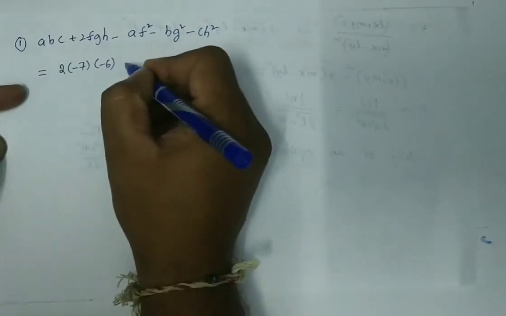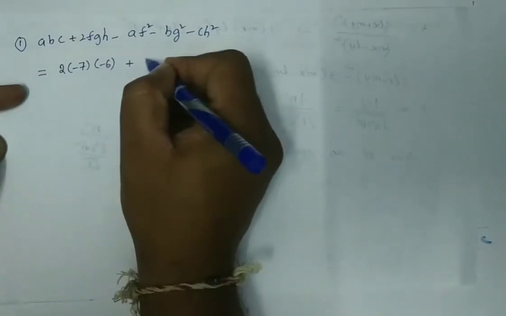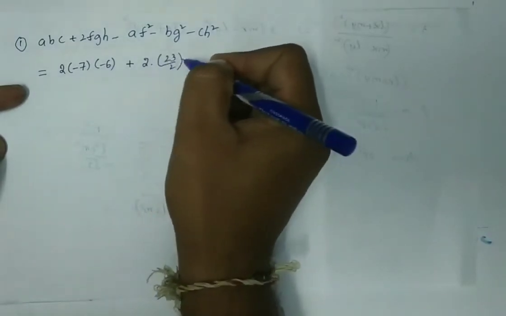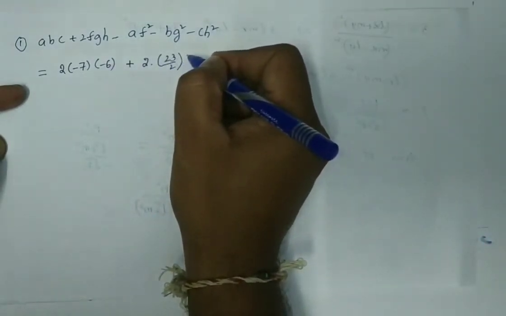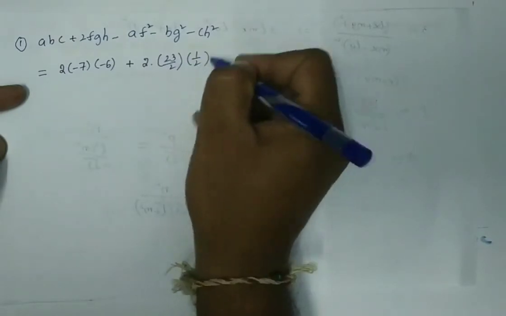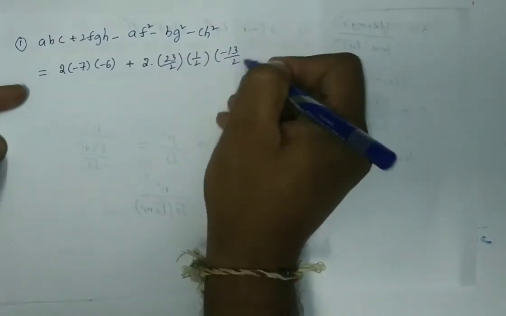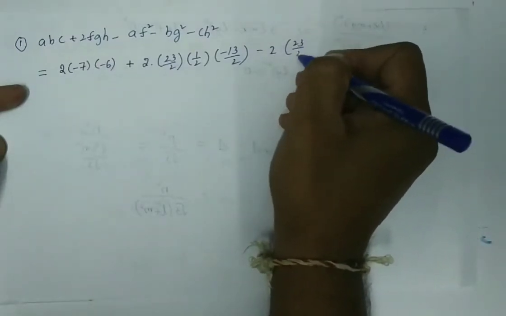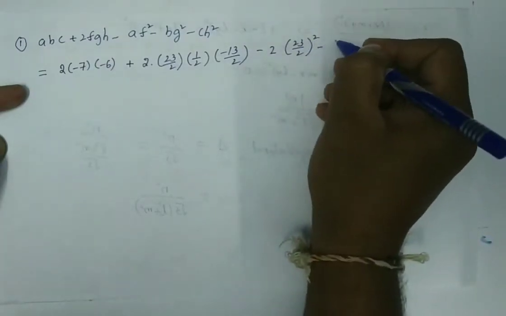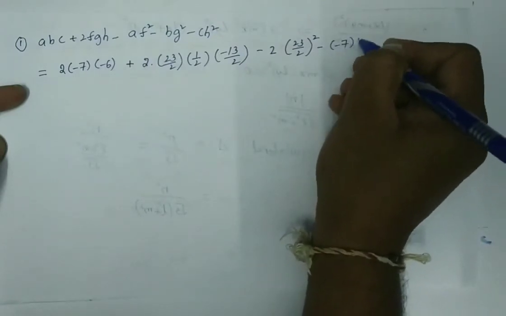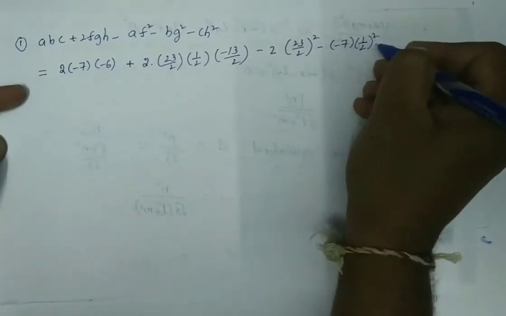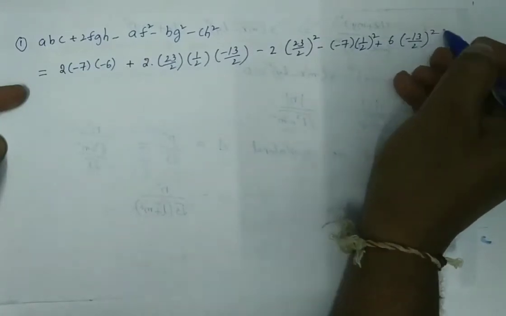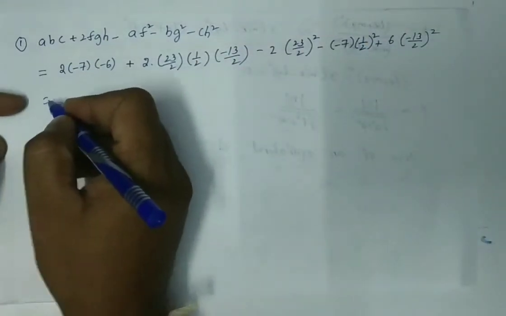We get 2 into minus 7 into minus 6 plus 2 into 23 by 2 into 1 by 2 into minus 13 by 2 minus 2 into 23 by 2 whole square minus minus 7 into 1 by 2 whole square plus 6 into minus 13 by 2 whole square. Okay, so we just have to simplify this expression.